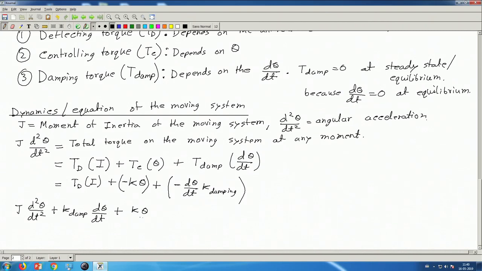So this is the damping constant and this is the spring constant. And then this should be equal to the deflecting torque Td, a function of the current or unknown voltage that we want to measure.